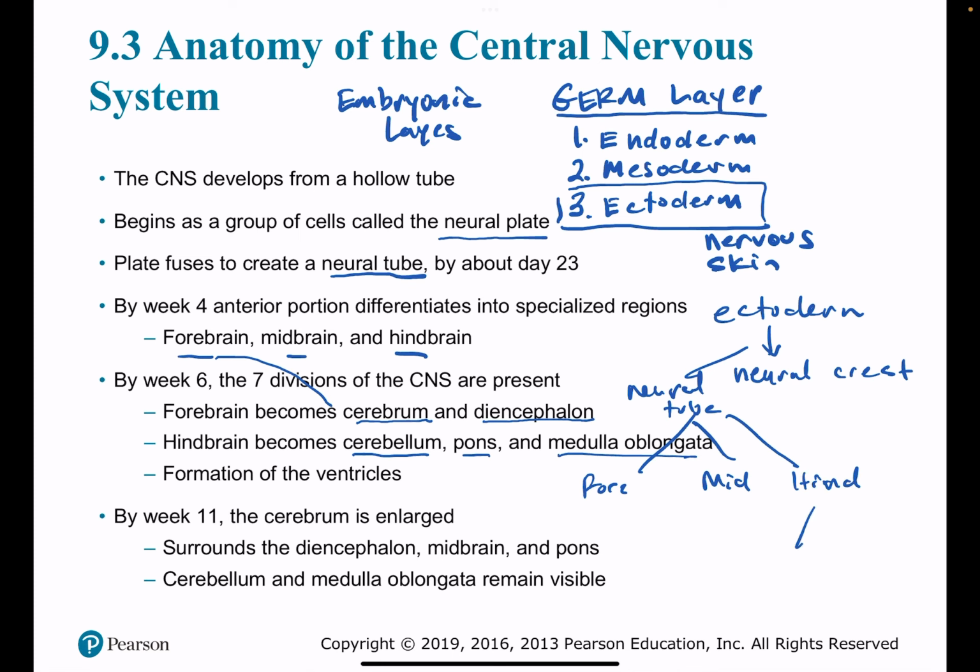And then from there, you would start to separate it out even more. So mid stays mid, hindbrain turns into the cerebellum. I'm not going to write these all out. And then the forebrain becomes that cerebrum and diencephalon. And we kind of basically just say, good, let's stop there. We've basically created most of the structures that we need. Okay.